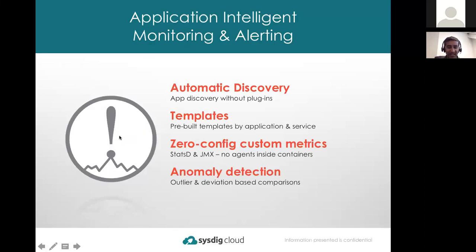And then one last point here, which is, in terms of application-intelligent monitoring, we also try to simplify the alerting process through anomaly detection and outlier comparison. We'll again talk through that in a little more detail.